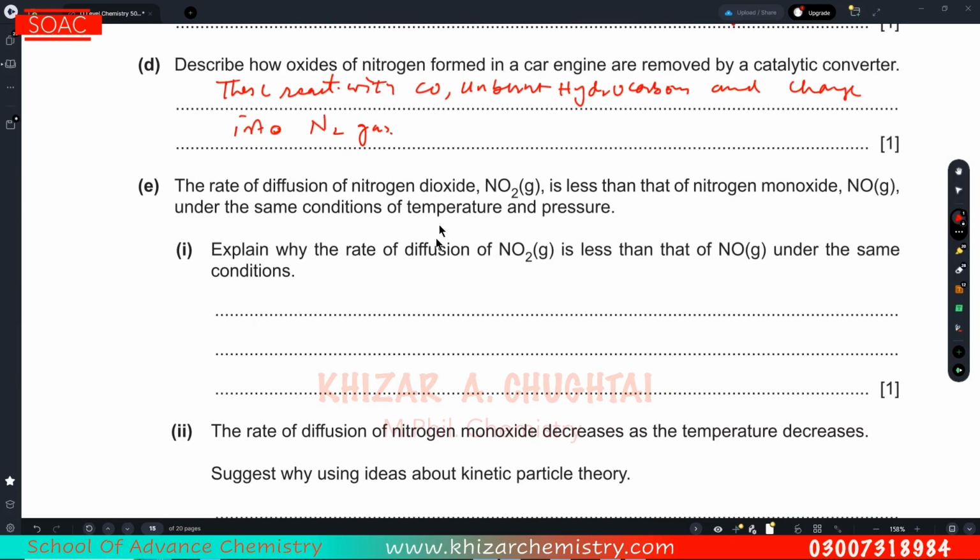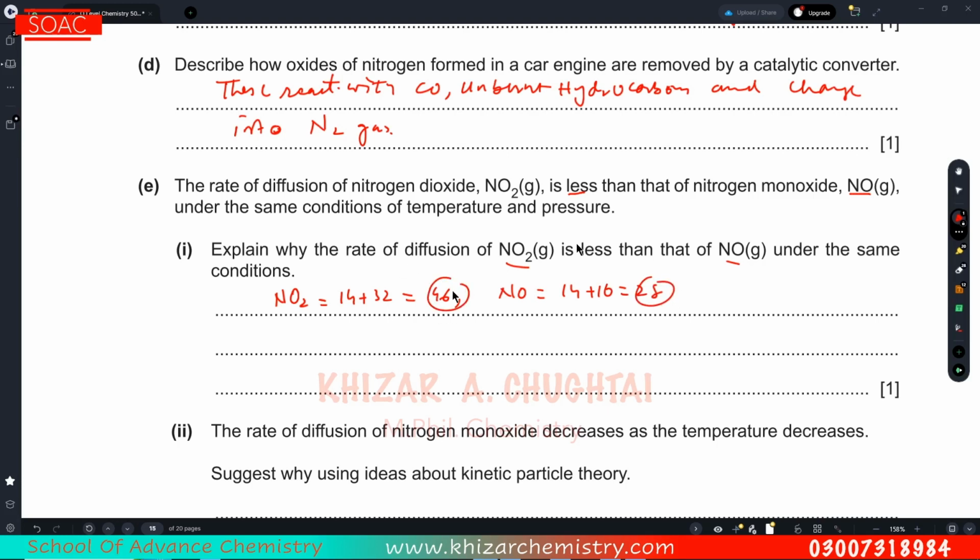The rate of diffusion of nitrogen dioxide is less than that of nitrogen monoxide under the same conditions of temperature and pressure. Explain why. The Mr of NO2 is 14 plus 32, which is 46, while the mass of NO is 14 plus 16, that is 28.